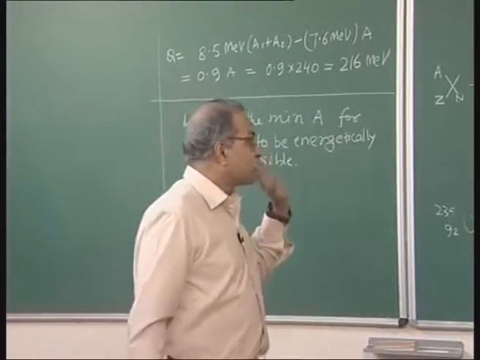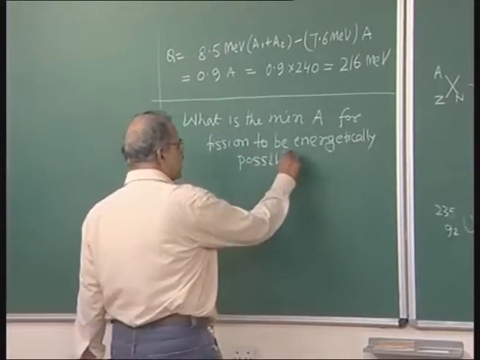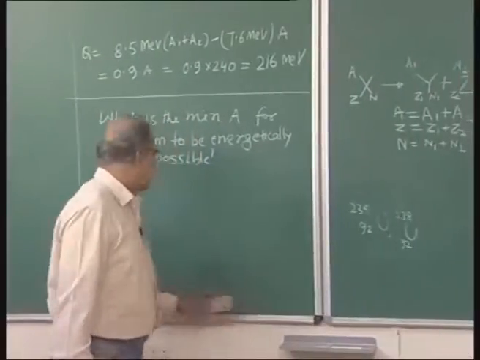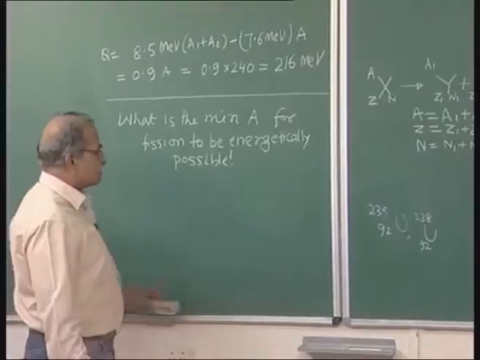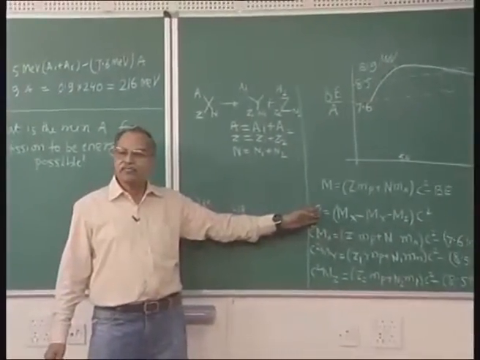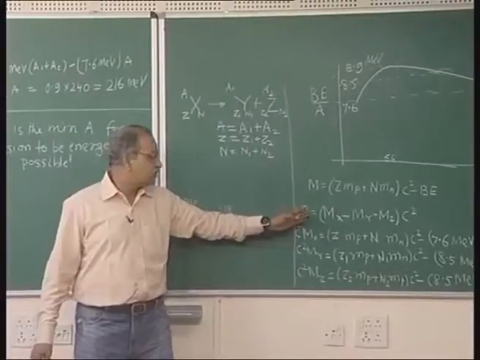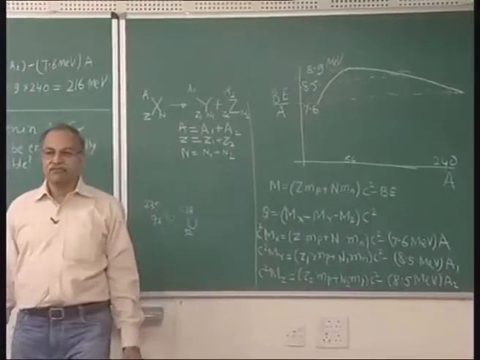So, no external energy involved. If I use this semi empirical mass formula, we have to look at various contributions to this mass, because we will be looking at this Q value, whether this Q is positive or Q is negative. So, all these masses are involved and therefore, the binding energies are involved.